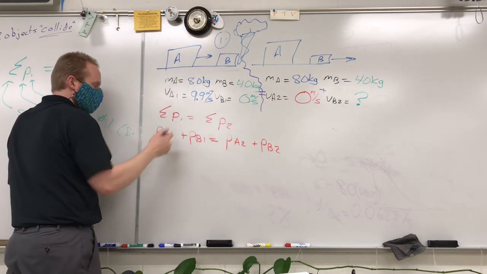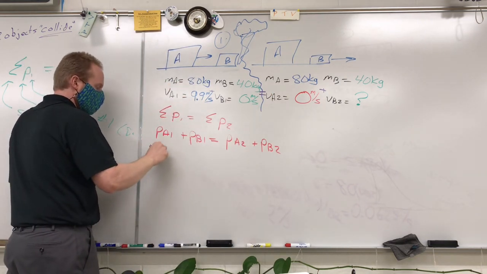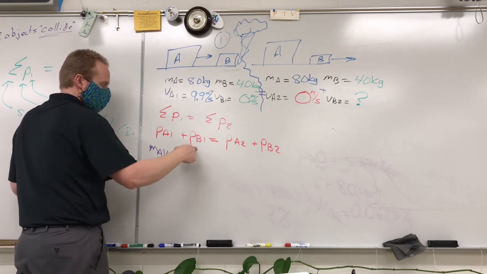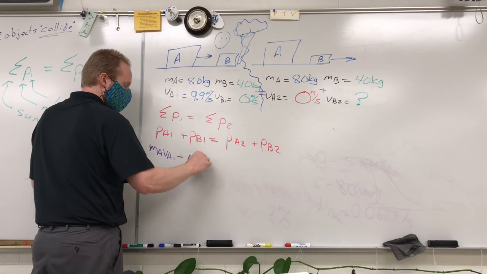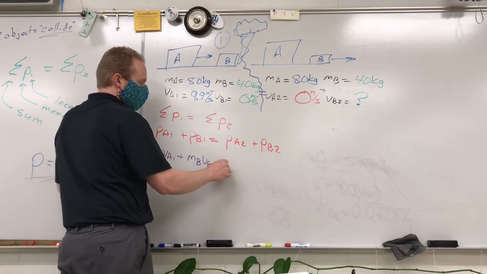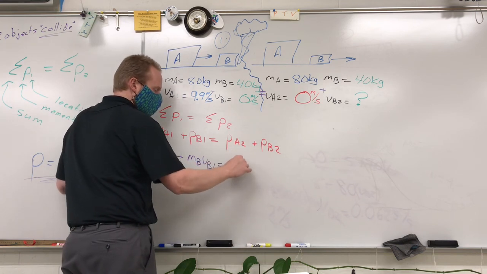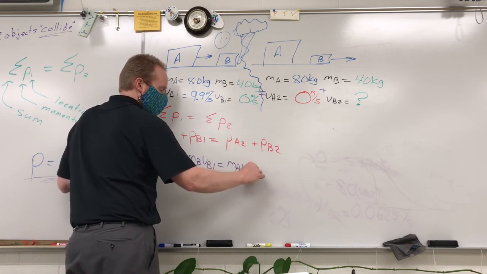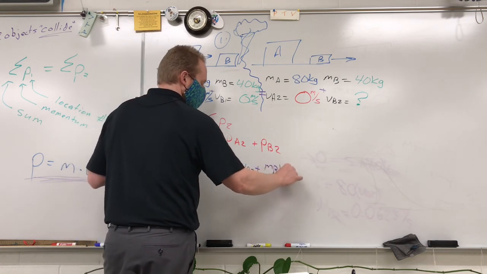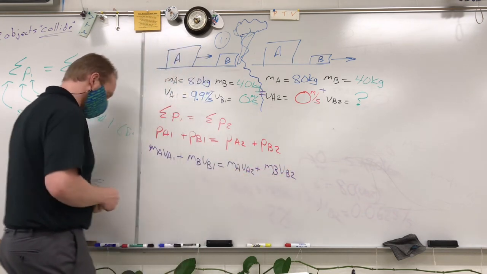Momentum is mass times velocity, so mass of A times the velocity of A before, plus momentum of B before, which is mass of B times the velocity of B before, equals the momentum of A after, so mass of A, velocity of A after, plus the momentum of B after, mass of B, velocity of B after.